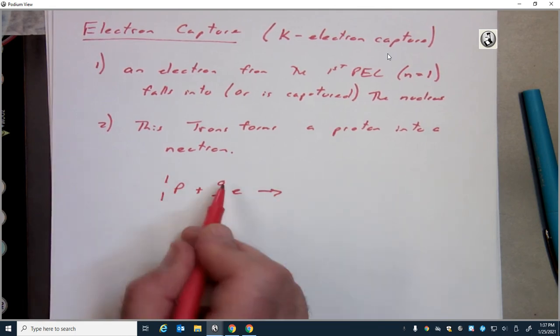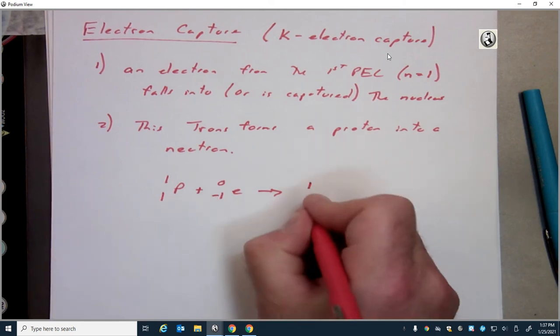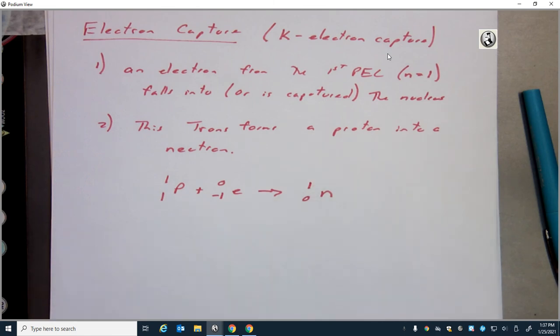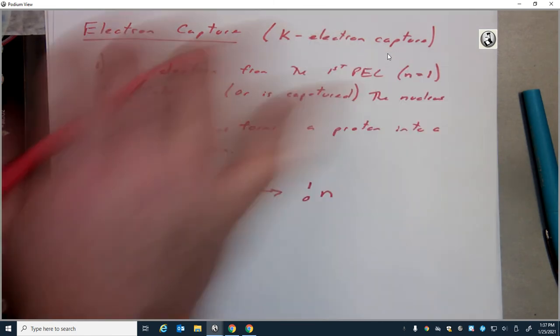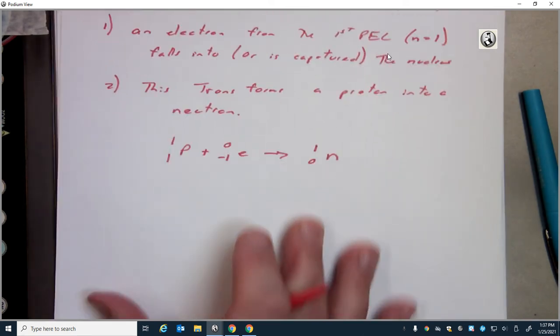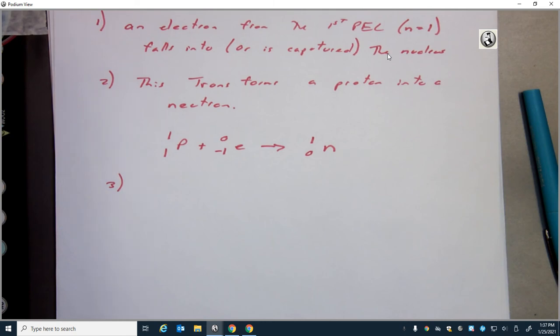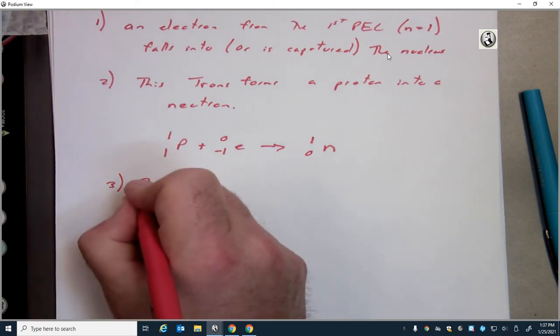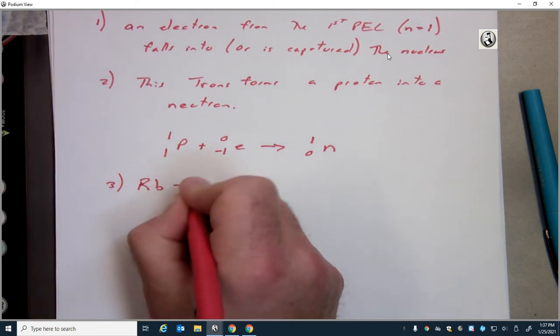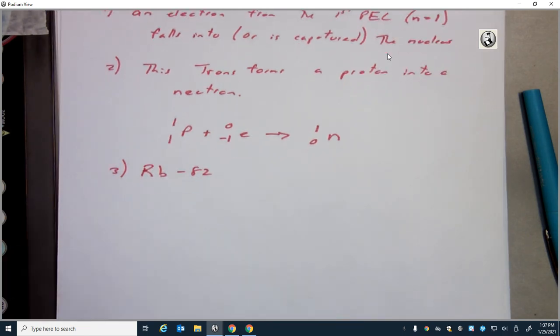So 1 plus 0 is 1. 1 minus 1 is 0, and that would be a neutron. So this is electron capture. Now, again, not a lot of substances will go through electron capture. Rubidium-82 is one of them.